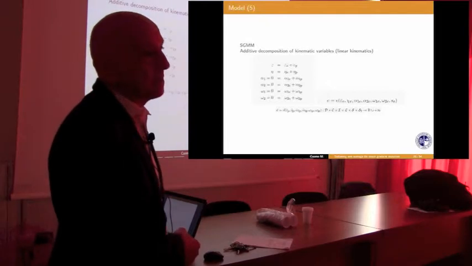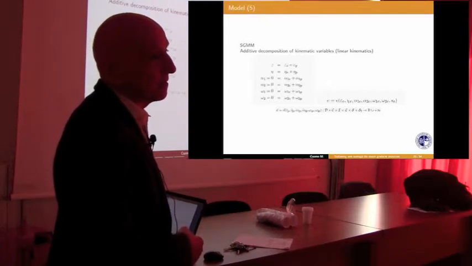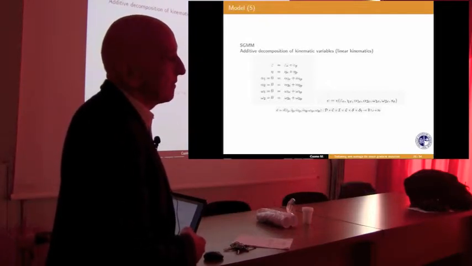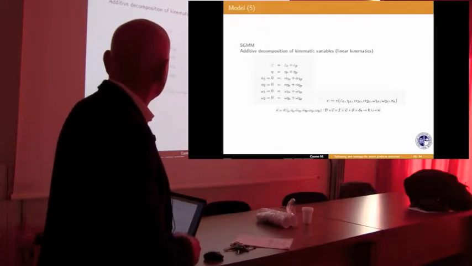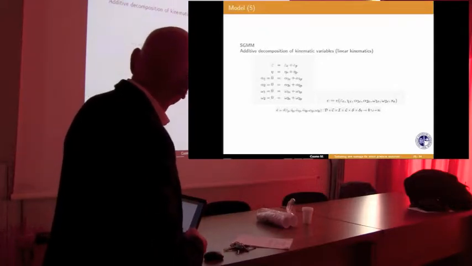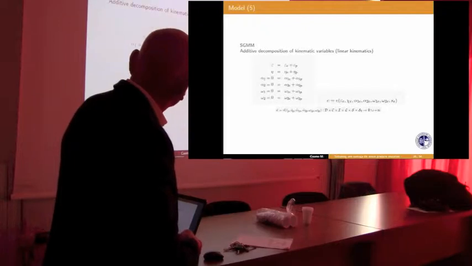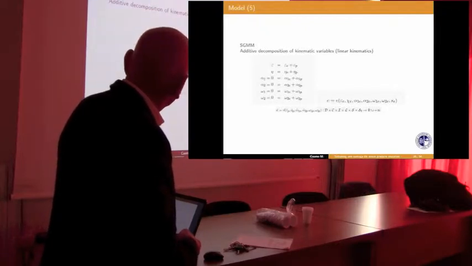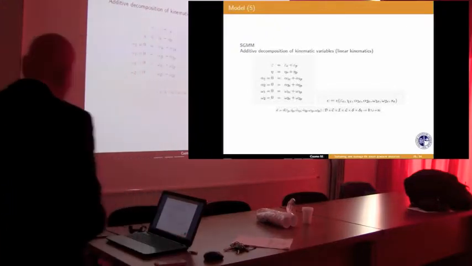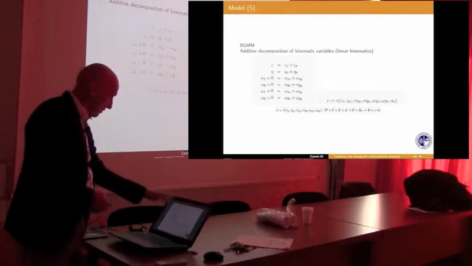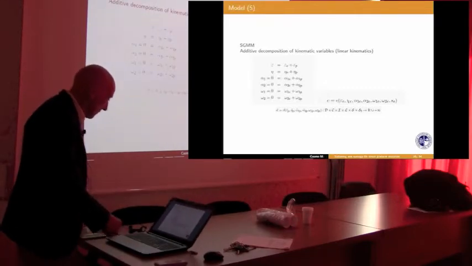Since I am in small deformation, each kinematic variable is additively decomposed in the sum of the elastic and the plastic parts. So all of these: strain, gradient of strain, local hardening variable, non-local hardening variable, local damage, non-local damage, are decomposed in the sum of an elastic and a plastic component.